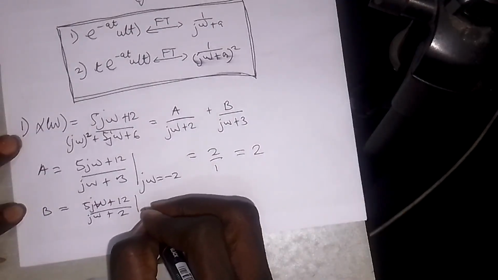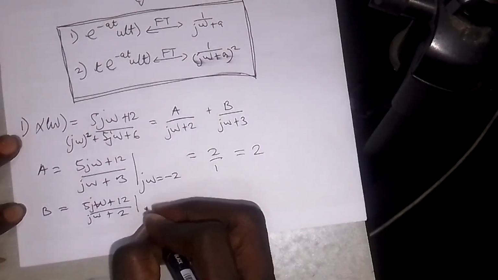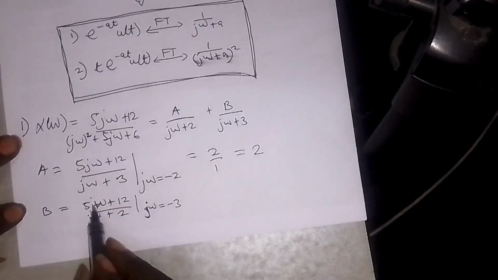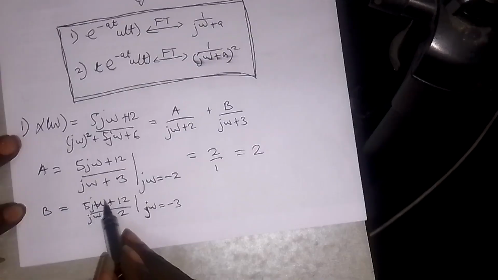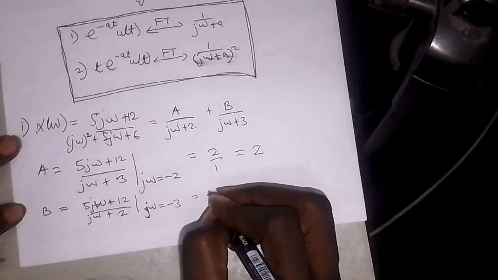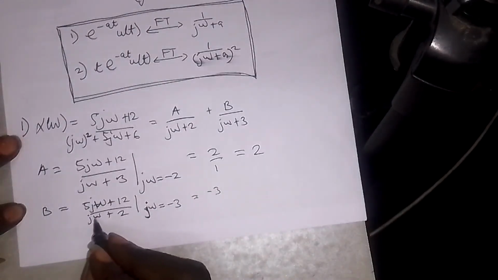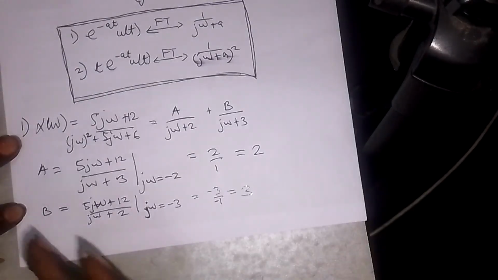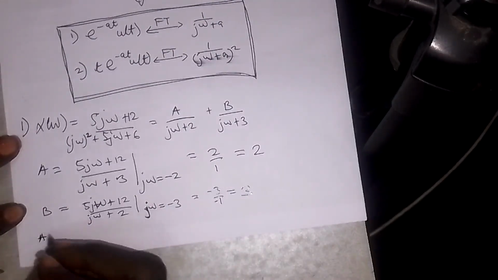Okay, so here I will insert j omega equals to minus 3. If I put minus 3 here, 5 times minus 3 is minus 15, plus 12, which is equals to minus 3. If I put in minus 3 here, minus 3 plus 2 is minus 1, which is equals to 3.